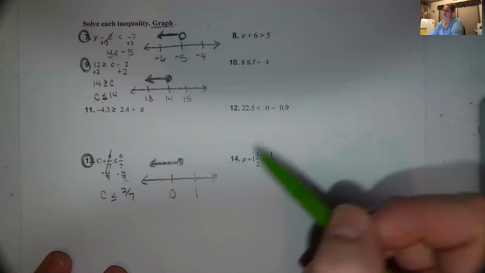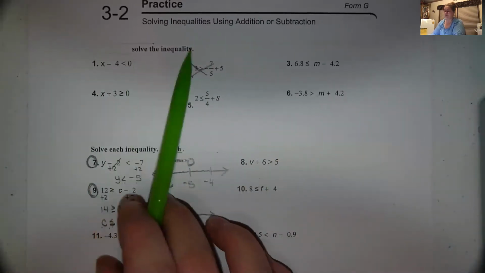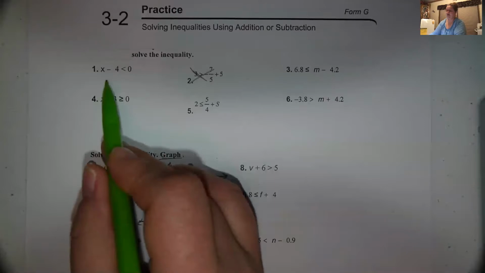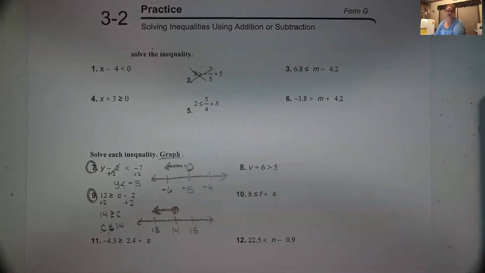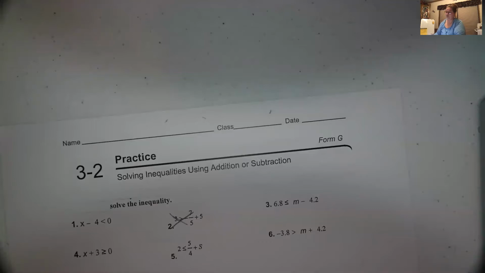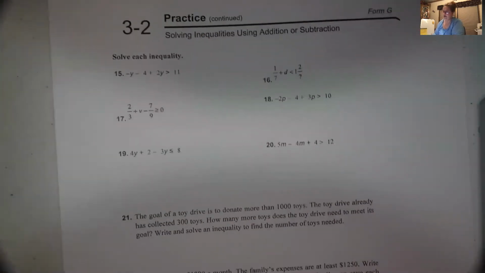So you're solving and graphing them when you're doing 7 through 14. On 1 through 6, you're just solving. So you're just going to get X by itself, or S, or M, whatever letter, get it by itself, and just write the inequality. So just like this part. Okay. Backside, again, you're just solving.